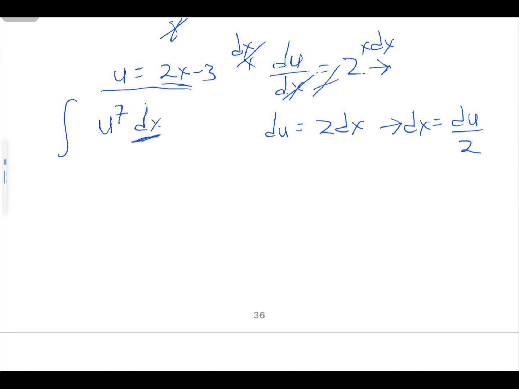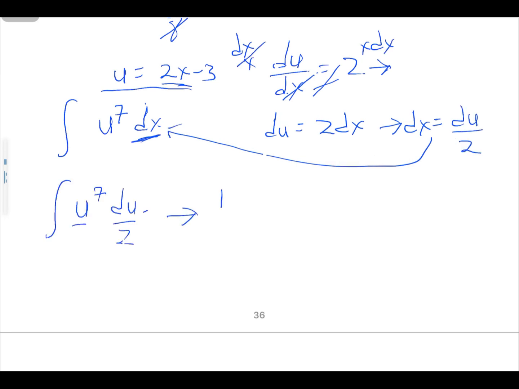So having du over 2, now we can replace this dx from this part. And at the end of the day, we are going to get the integral of U power 7 du over 2. Now, this means that we can integrate this U with respect to U. Since 1 over 2 is a constant, we can bring it out from the integral sign, and therefore we are going to get 1 over 2 multiplied by the integral of U power 7 du.